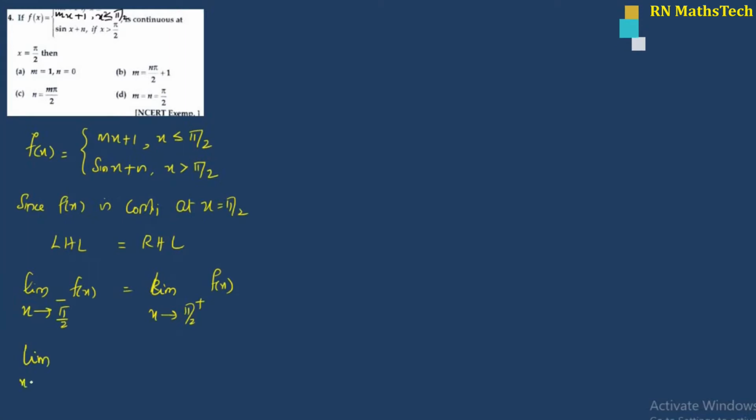That is equal to limit x tends to pi by 2 minus, when x is less than pi by 2, value of the function is mx plus 1, is equal to limit x tends to pi by 2 plus, value of the function is sin x plus n. Okay.